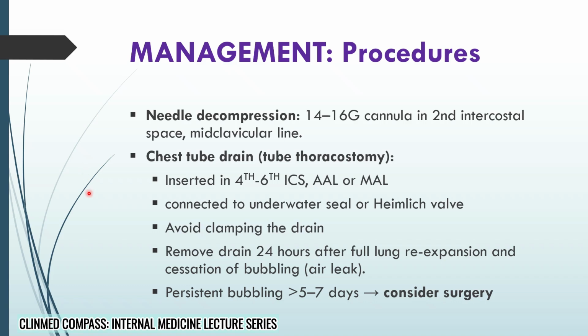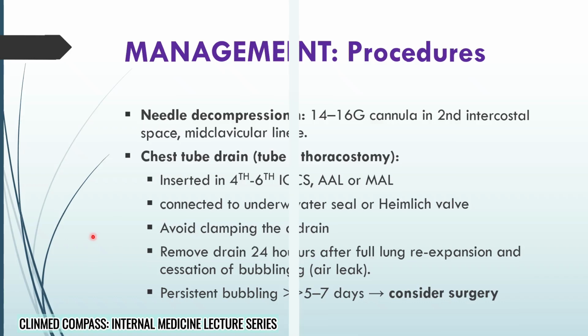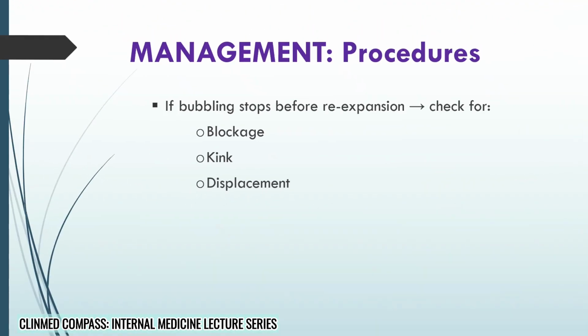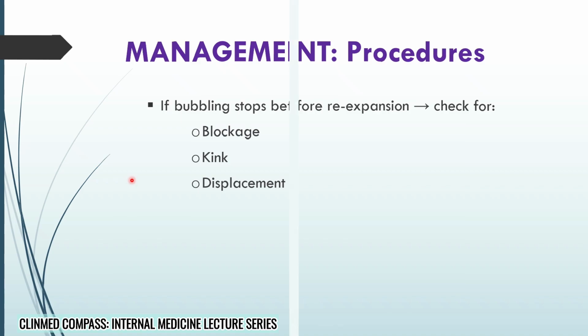Avoid clamping the drain and remove the tube 24 hours after lung re-expansion and cessation of bubbling. Persistent bubbling, especially if greater than 5 to 7 days, you need to consider surgery. If bubbling stops before lung re-expansion, suspect tube blockage, kinking of the tube, or dislodgement. Always check the tube position and patency.